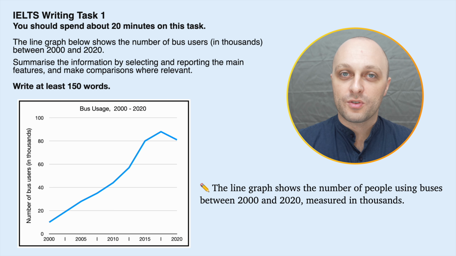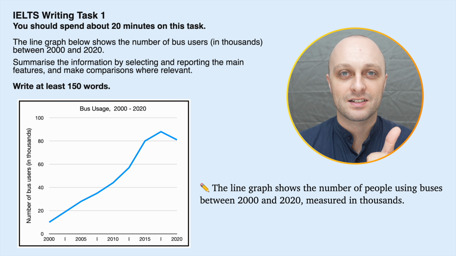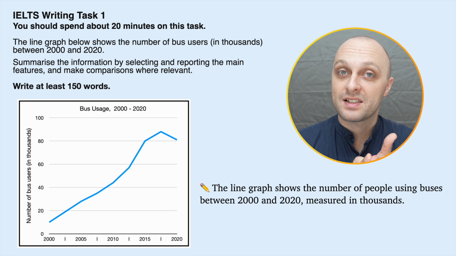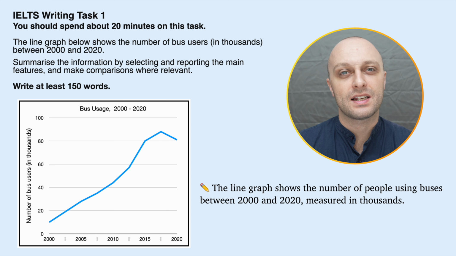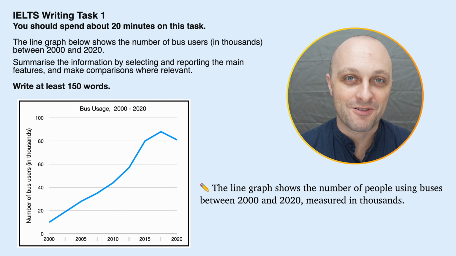Now, what you might notice is this is the exact same thing written on the task itself. We haven't paraphrased. Yes, it's grammatically correct, but it's too basic. If you want to be hitting a 6 in your speaking, you must be using paraphrase.